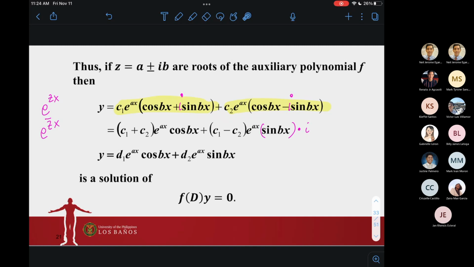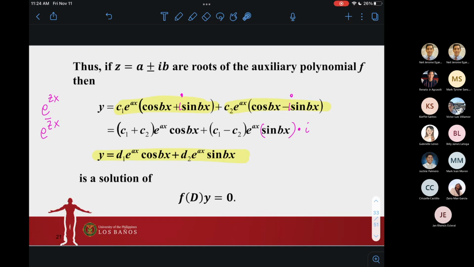Alright? Pero yung c1 minus c2 ay constant. Si i ay constant din. Siya ay imaginary unit. Dahil constant din si i, pwede ko na lang siyang isama dun sa arbitrary constant c1 minus c2. So essentially, my d2 here ay actually c1 minus c2 times the imaginary constant i. Kaya dito sa final itsura ng ating general solution, nawala na yung complex unit i. Kasi yung complex unit i nakatago na kay d2.